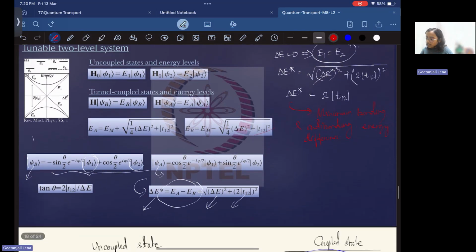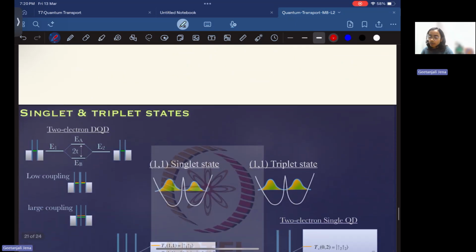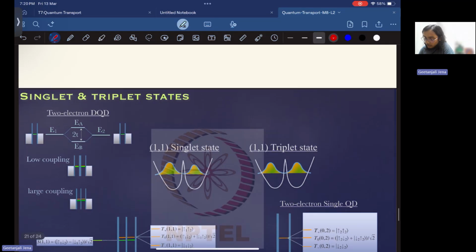Okay, antibonding and bonding state is one type of terminology that we can use. But another terminology is that we can also say these are singlet state and triplet state. Let us see some important characteristics of this.